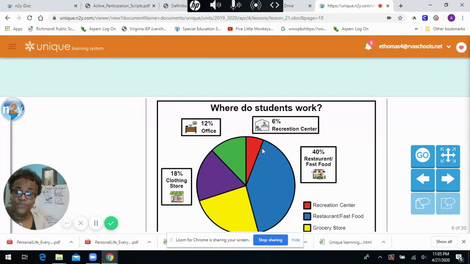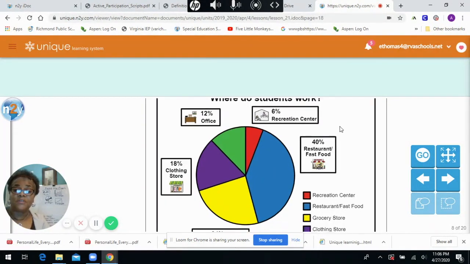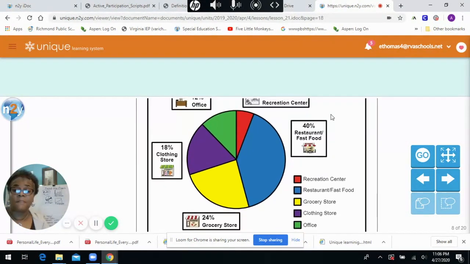Now remember with our fractions, everything is filled in, nothing is blank or uncolored. That means this is the whole pie. When we have the whole pie, 100% of the pie is filled. Now we're talking about different percentages.